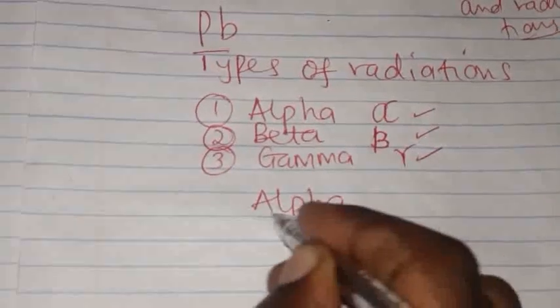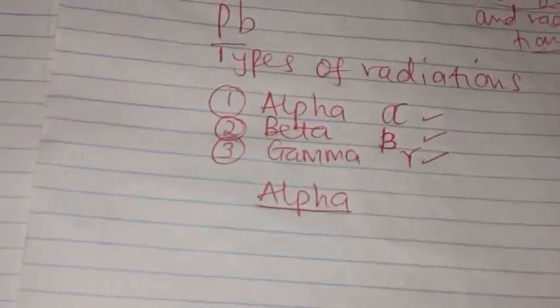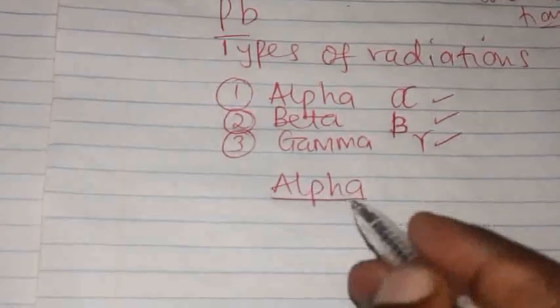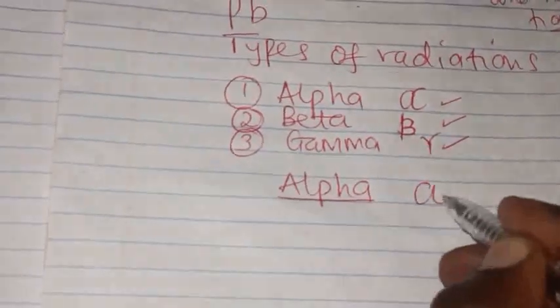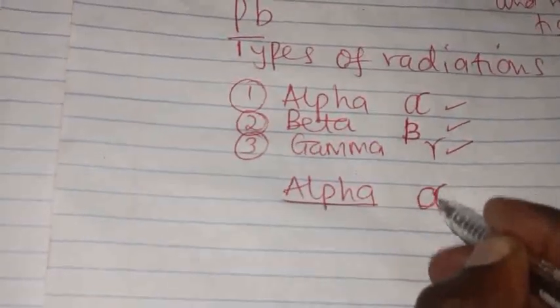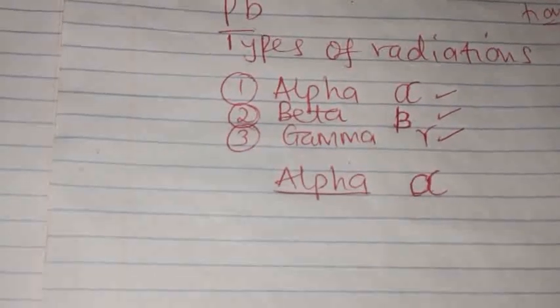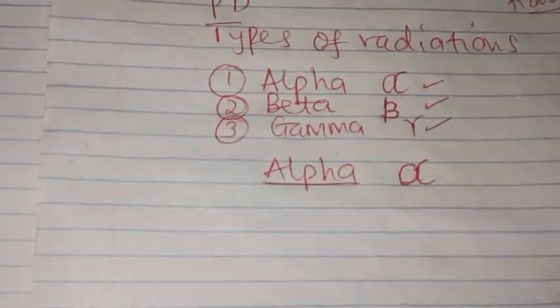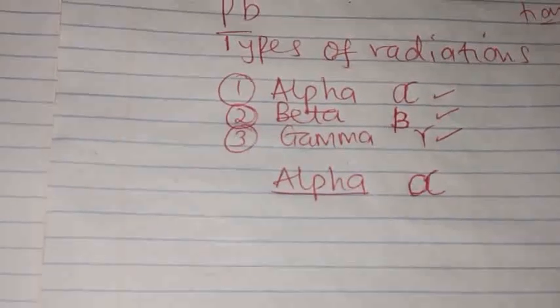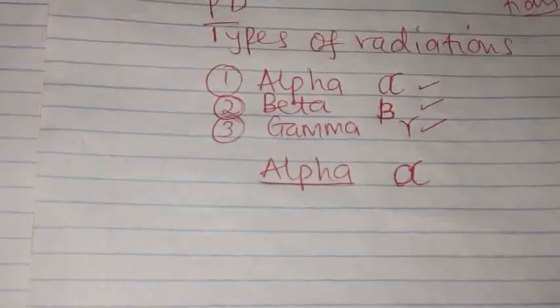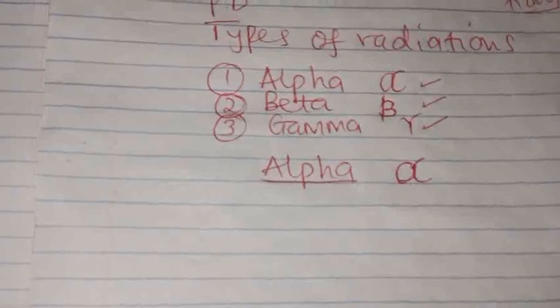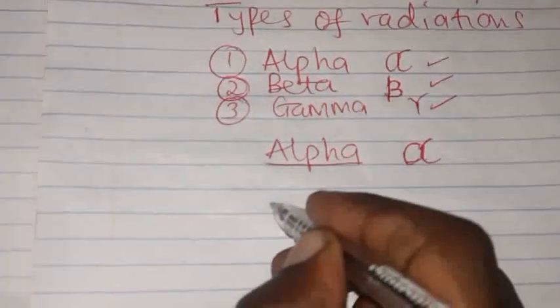This alpha particle is abbreviated as that. That's the symbol of alpha particle. And this alpha particle is just a helium atom, a helium nuclei. And in this case, it is actually able to chemically appear as this.